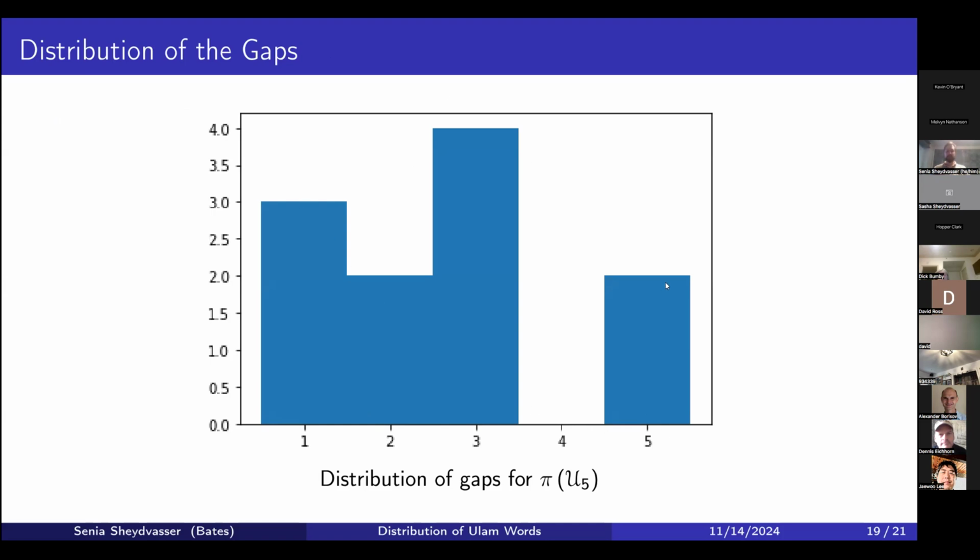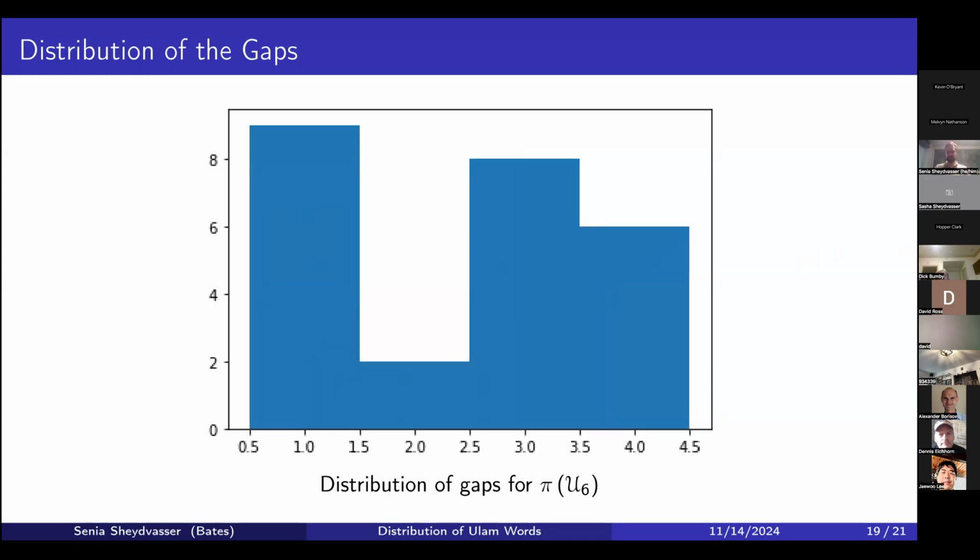And the bars tell us how many times each gap occurs. There are 3 times that there's a gap of 1, twice there's a gap of 2, 4 times there's a gap of 3, a gap of 4 never occurs, and a gap of 5 occurs twice.